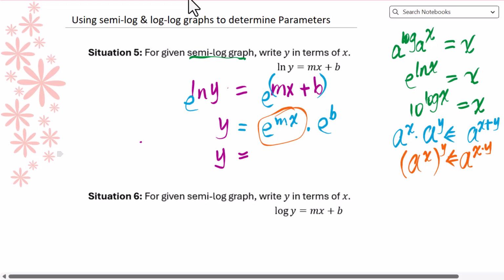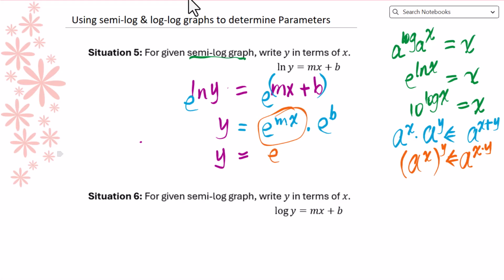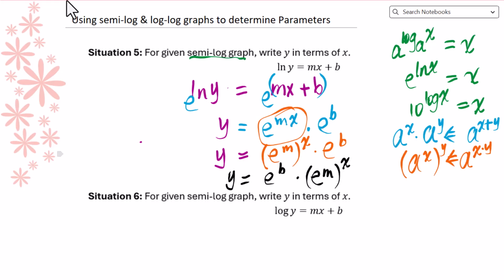For this, we got e to the power of m, then to the power of x times e to the power of b. Let's rewrite y equals e to the power of b times e to the power of m, then to the power of x.